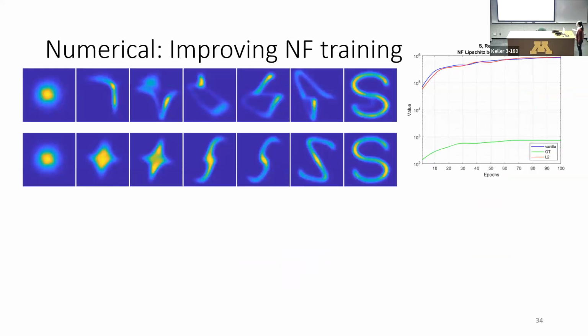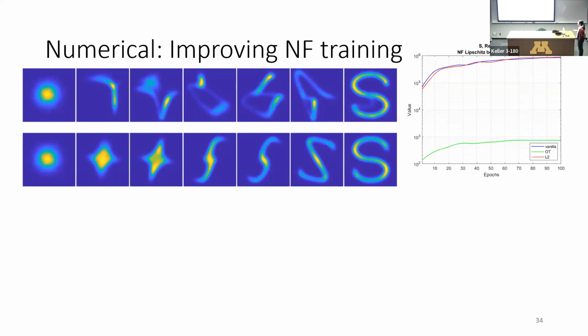So here is the first result we get. The first row is where we directly train the normalizing flow with the KL divergence. And for the second row, we impose the dynamic cost in the objective, and train it with the same normalizing flow structure.